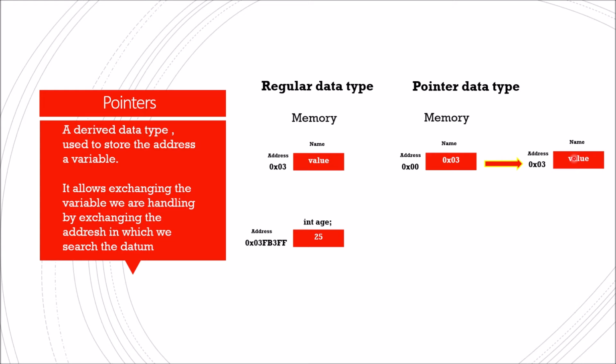So let's say, for instance, that we have an integer variable called h, and we give it a value of 25. This is the address of our variable in memory. As you can see, it is a long hexadecimal number, which is the memory address for this integer variable, okay? So the pointer to such variable would be this one.